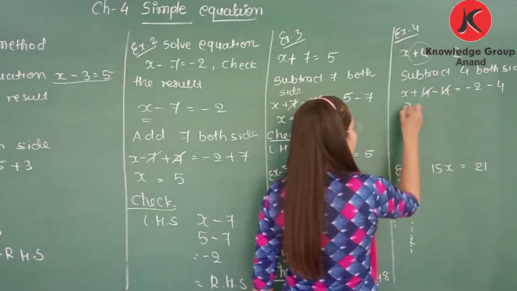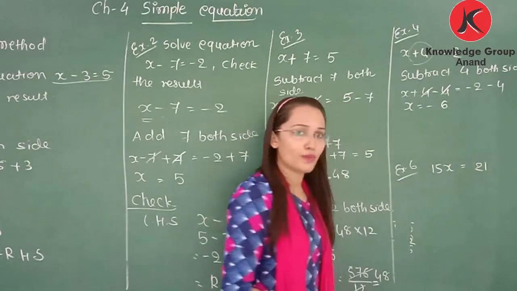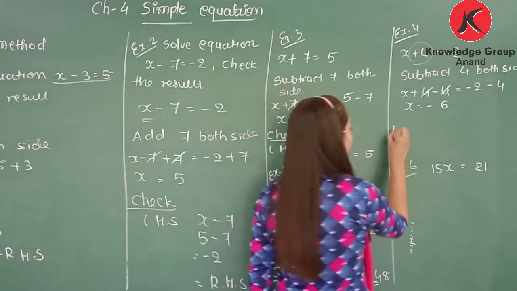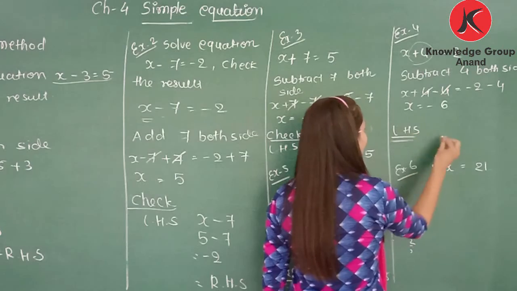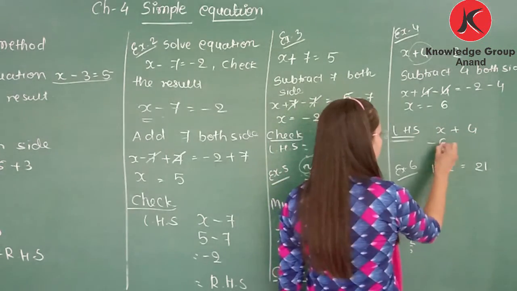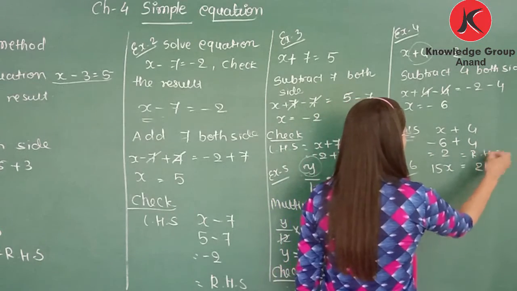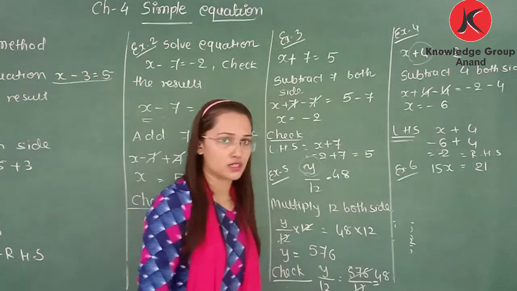Plus 4 minus 4 cancel, so x is equal to minus 6. Now to check the result, write the value of x, minus 6, in the left hand side. x plus 4 is there, our x is minus 6 plus 4. So the answer is minus 2. That is our right hand side.